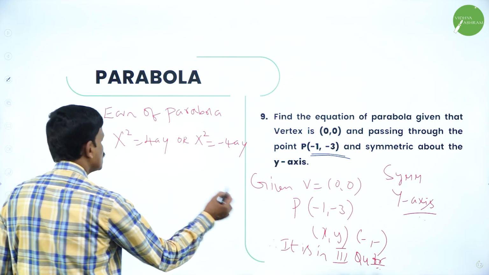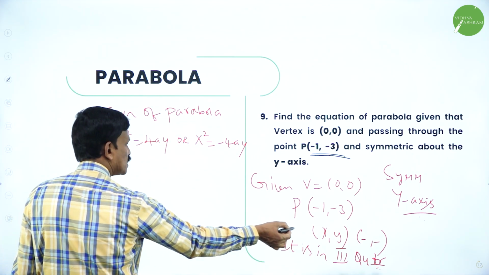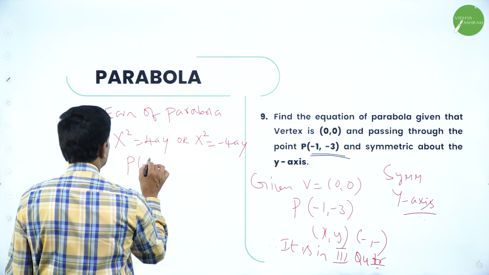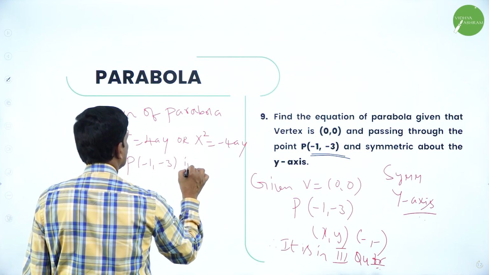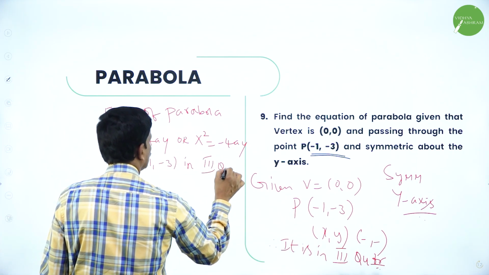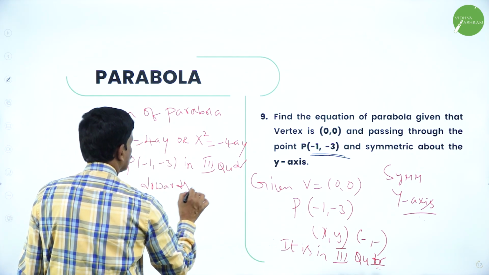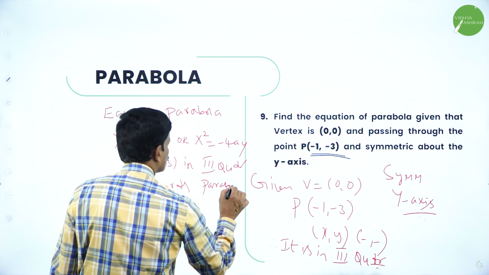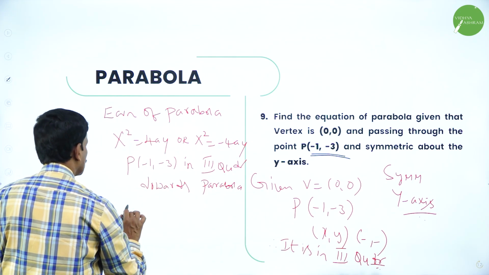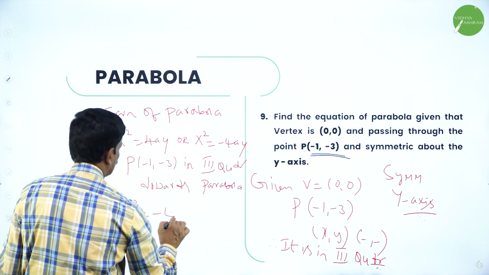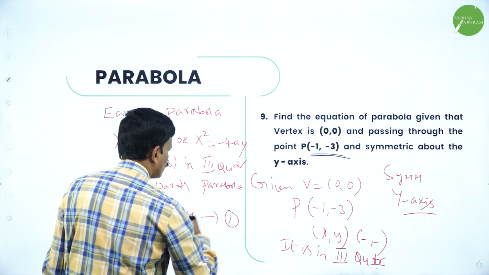Now since the point P -1, -3 is in third quadrant, therefore the equation of the parabola is downwards parabola. So the equation is x square is equal to minus 4ay, equation number 1.